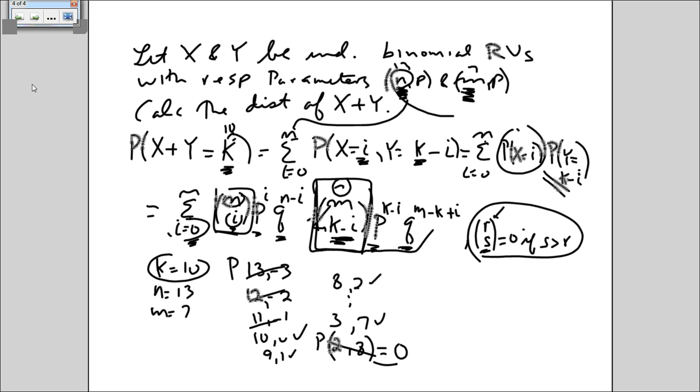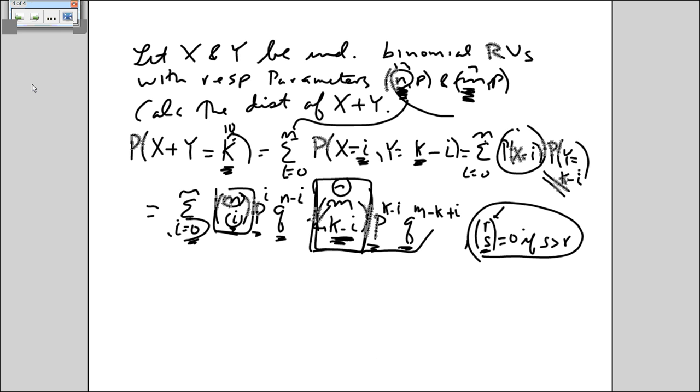The probability that you have 13 successes for x and negative 3 successes for y, that's 0. So you need to make that statement, otherwise you wouldn't know how to compute it. How do you compute 7 choose 11? They told me it's 0.